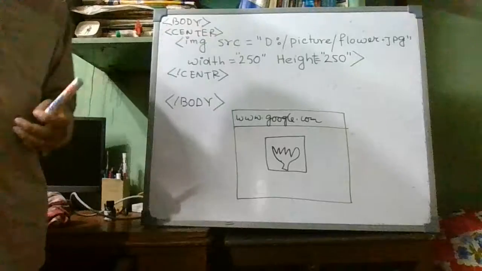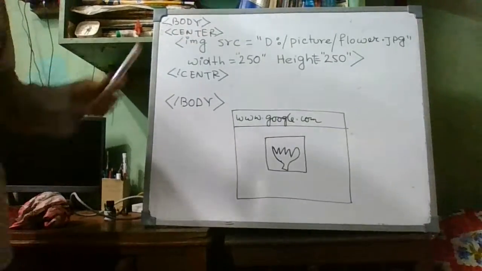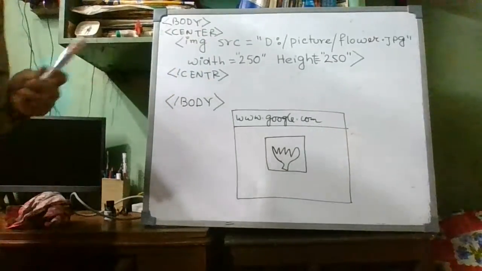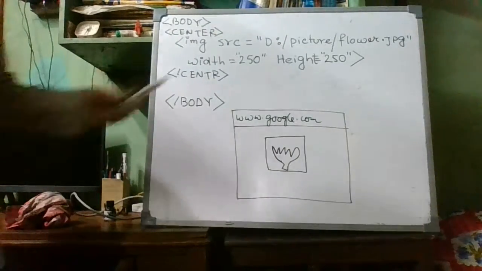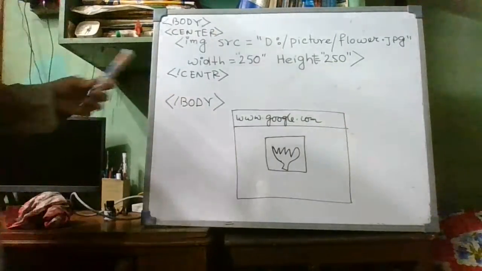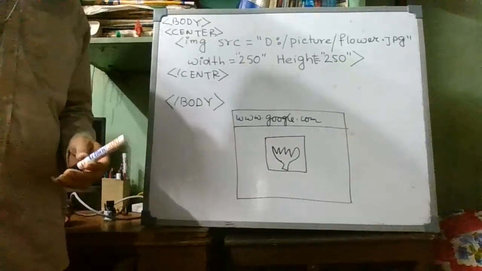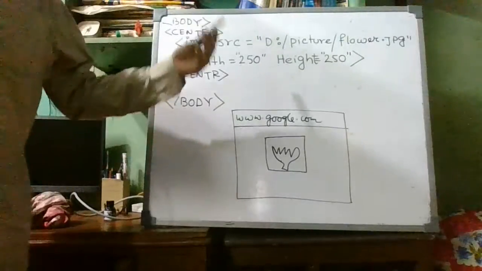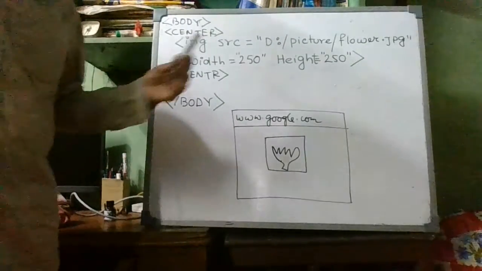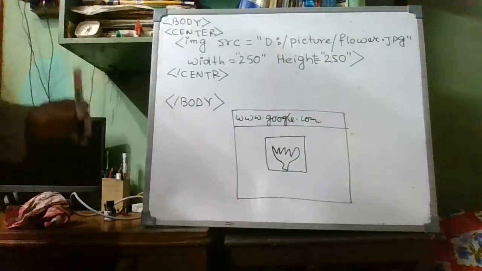And also we have seen that img is the name of the tag, then src is an attribute, the most important attribute, the must attribute, you have to write it. Width and height, you should write it. After that alt is an attribute, align is an attribute. You all have seen that. So this is all about the image tag.